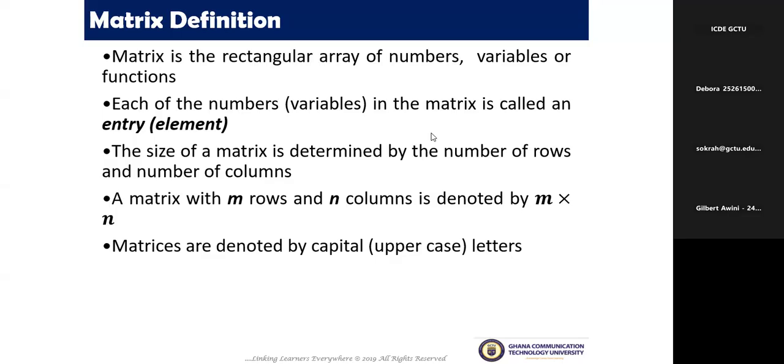So a matrix with m rows and n columns is denoted by m by n. As you can see, m by n is not m times n. It is m by n. That is the size of a matrix which has m rows and n columns. Always the row number appears first before the column number follows. So take note of that.